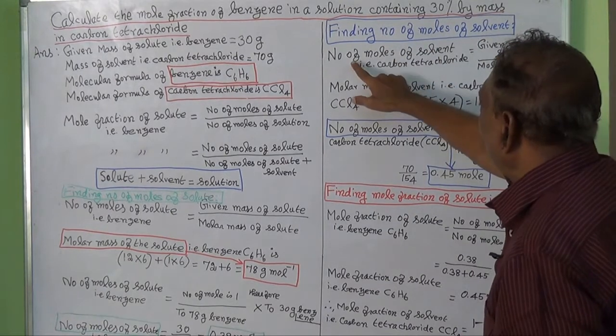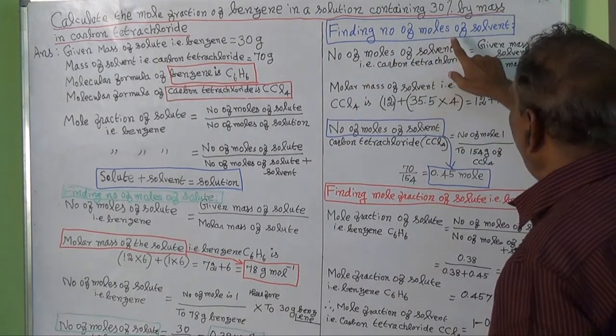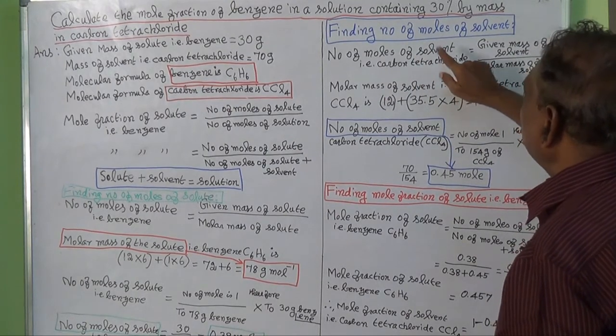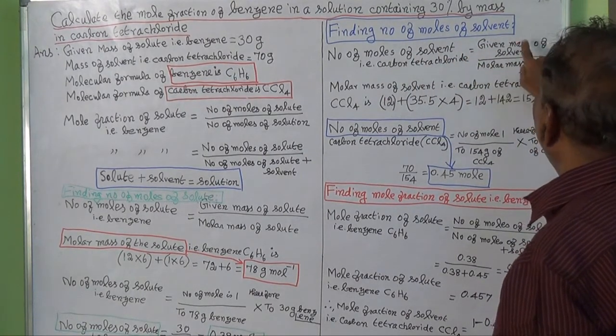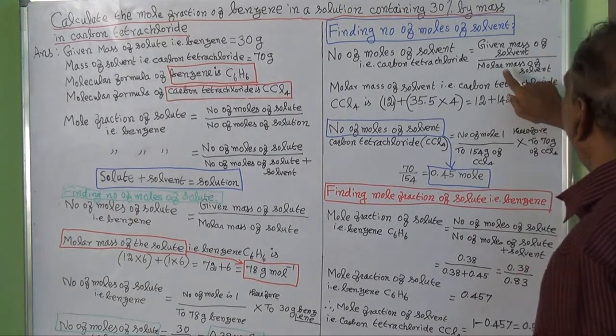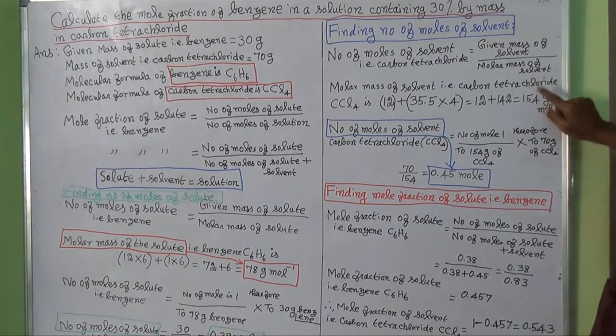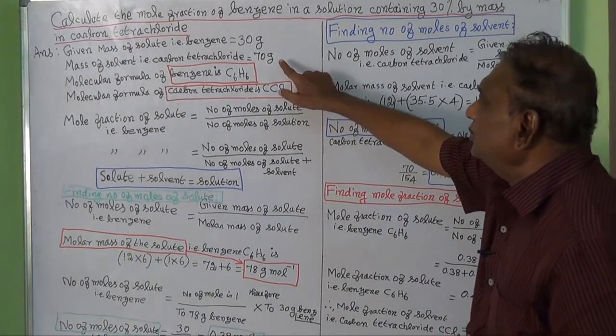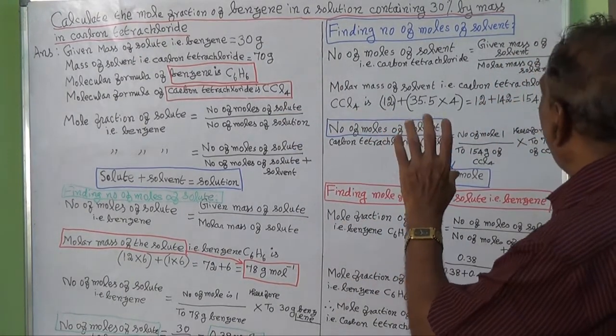The formula for the number of moles of solvent, that is carbon tetrachloride CCl4, equals the given mass of the solvent divided by the molar mass of the solvent. The mass of the solvent is given as 70 gram, so we can substitute this 70 gram.